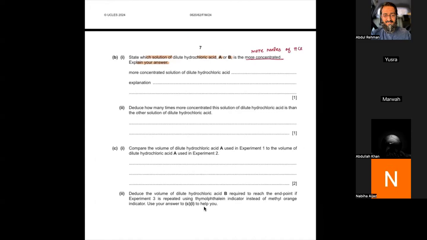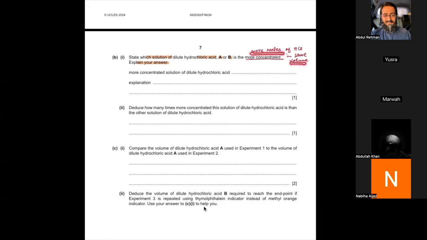So if it has more moles in the same volume, how much volume of this concentrated acid is going to be used up, the larger volume or the smaller volume? The smaller volume. Very good. You need to understand this because there are more moles in the same volume in the concentrated one.